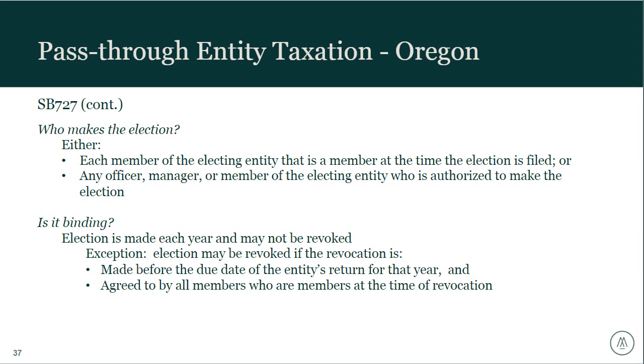The one way to revoke an election would be if the original election is made on a return that's filed before the due date, and then another return is filed on or before the due date. So that would count as almost a superseding original return and not an amended return.